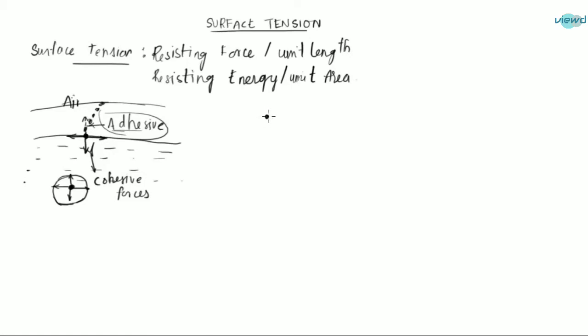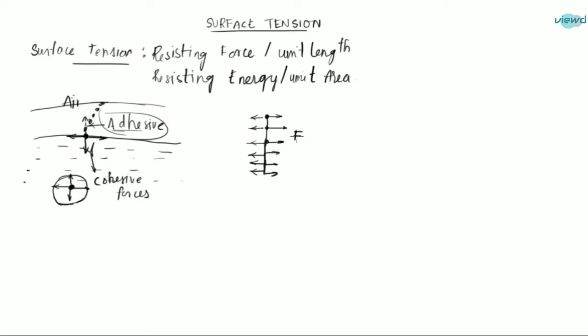If we consider this particle, there will be forces like this. And if we join all these forces, all these particles, there will be a line formed, and forces will be acting like this.